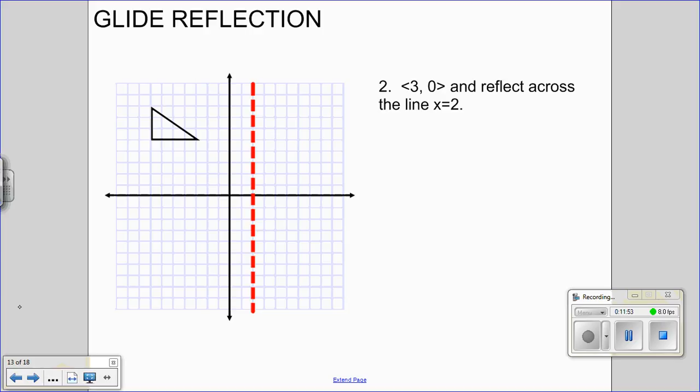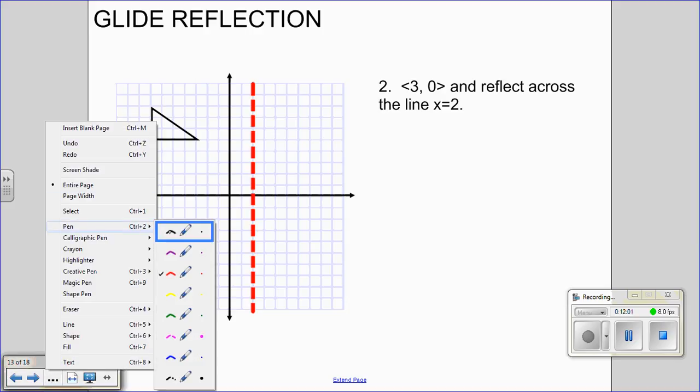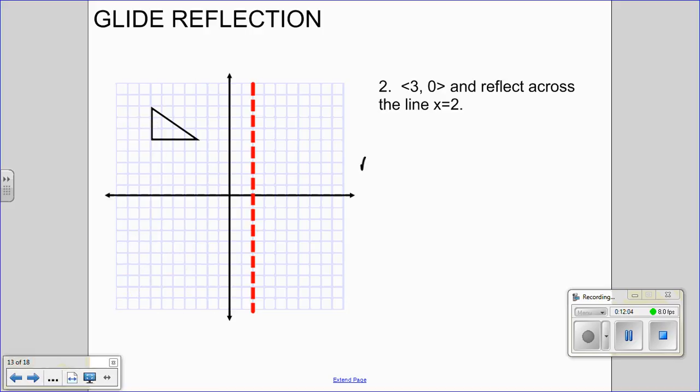I believe it's the same triangle as before, the same ABC coordinates. So I can write down those coordinates again. A was at negative 7, 8. B was at negative 7, 5. And C was at negative 3, 5.